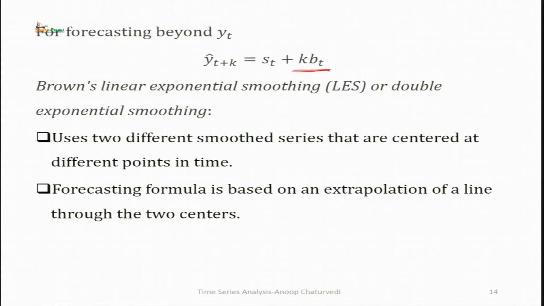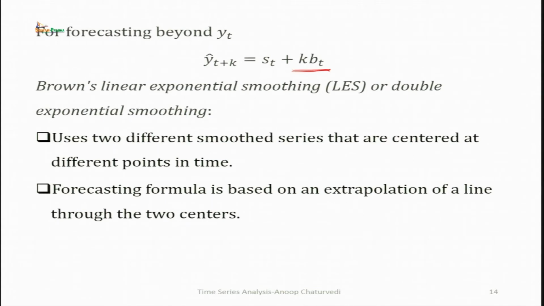Still, in this procedure, we are assuming no seasonality, but sometimes in a time series you may have seasonality. So, you must have some procedure for forecasting which takes care of seasonality also. We will come to this point later on.